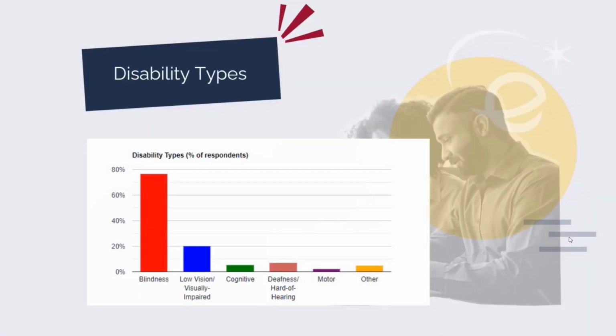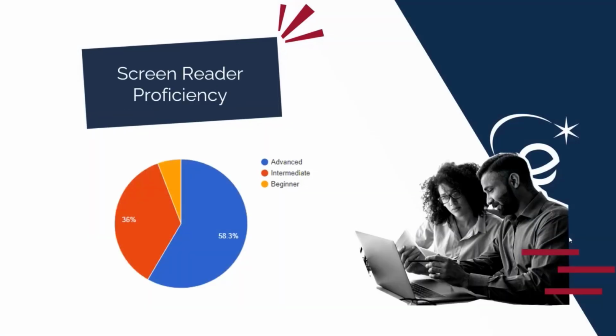So when we consider disability types, the survey reports that users who are blind are the vast majority of respondents, at I think 78%, and then low vision, visually impaired is at 20%, and then cognitive at 3%, deafness maybe 7%, motor and other are very small. When we consider the proficiency of screen readers, advanced users are 58.3%.